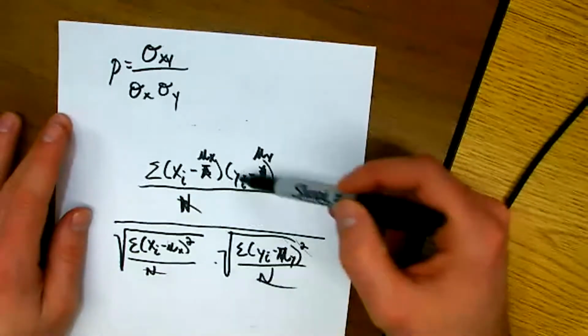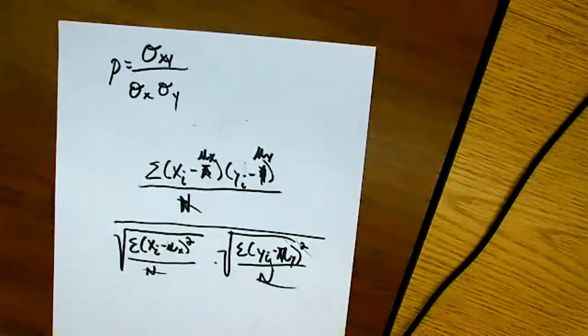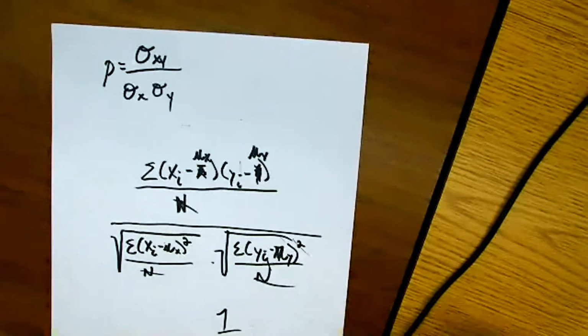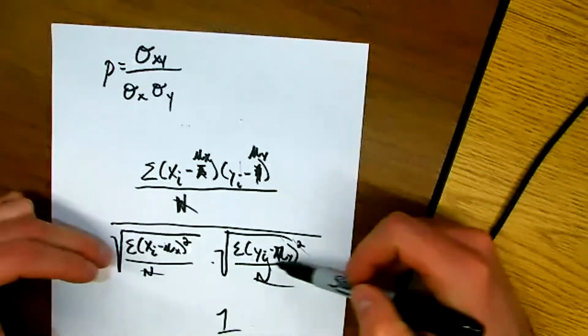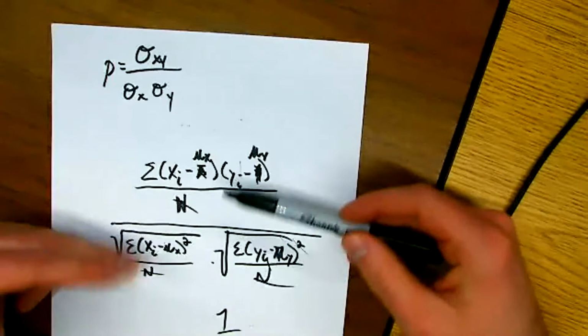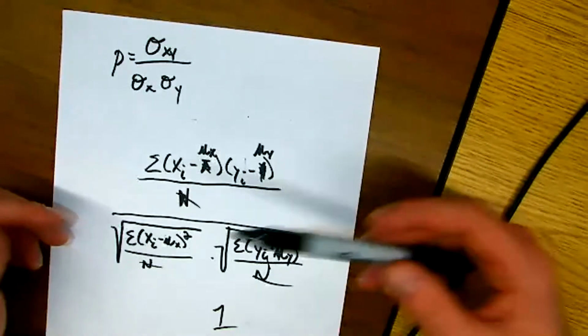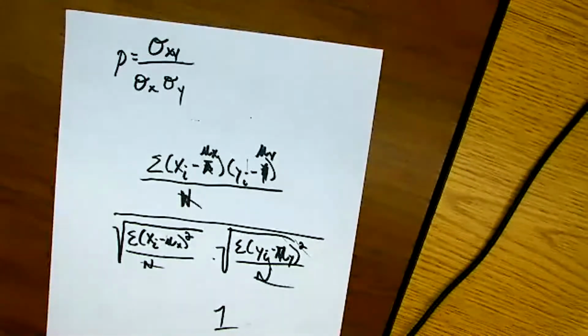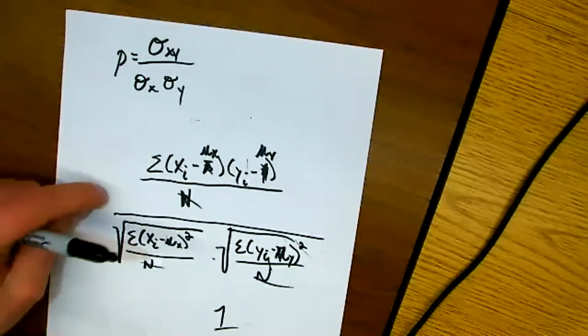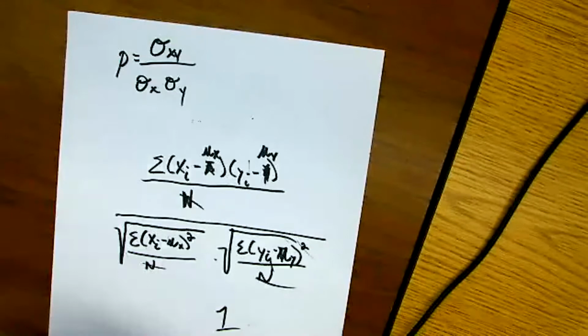You can imagine how, if there was perfect correlation, everything would cancel so that you would get 1. The mathematical proof is a little bit more in-depth as to why when we divide by this, we're actually scaling that covariance. But that's the general idea. You can see that there are similar components in each one of these statistics, so that when we calculate that correlation coefficient, it does end up being between 1 and -1.